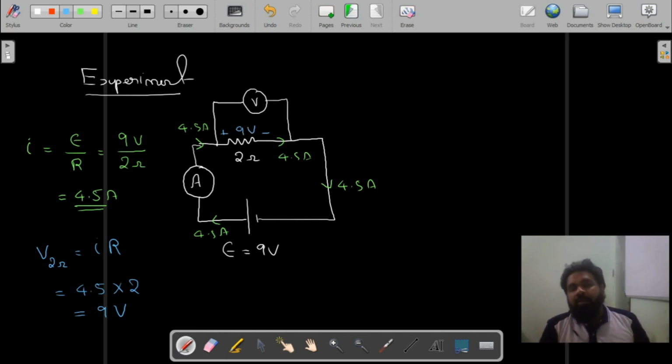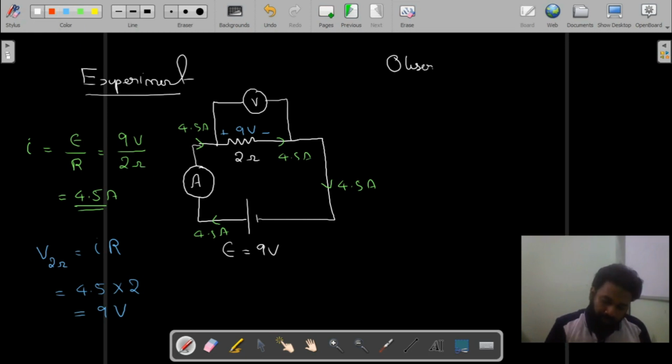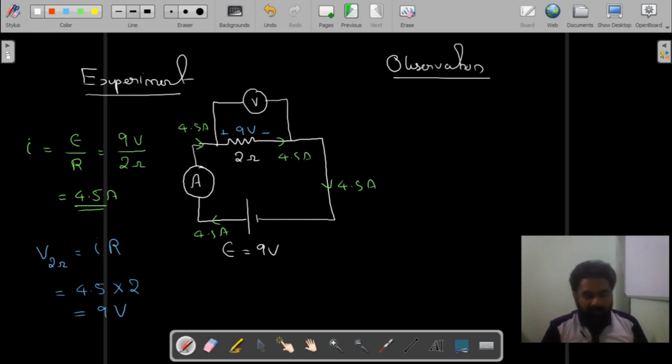Fine, this is how the theoretical reading comes. Now really, if we connect a circuit and measure, we take an observation. The theoretical value is this, it must be the answer.